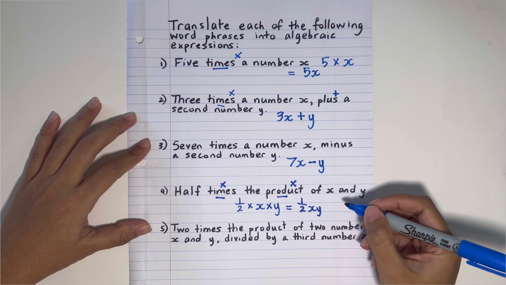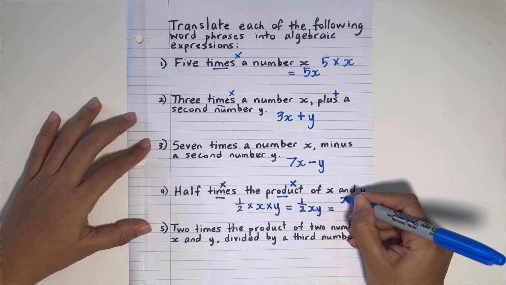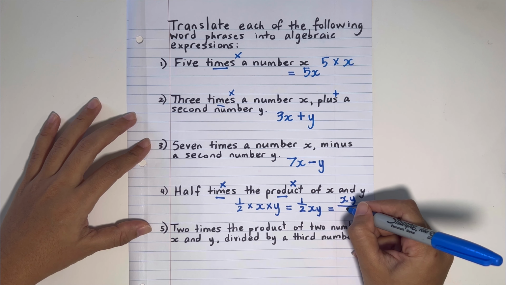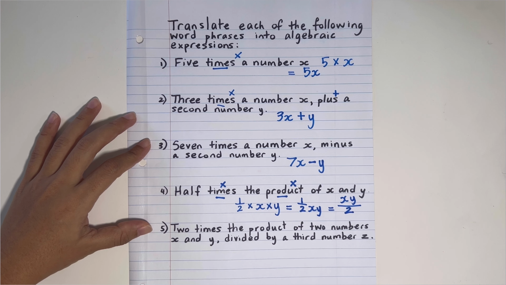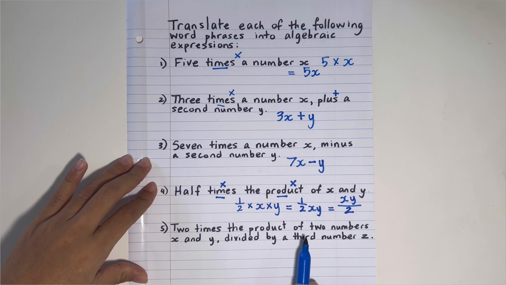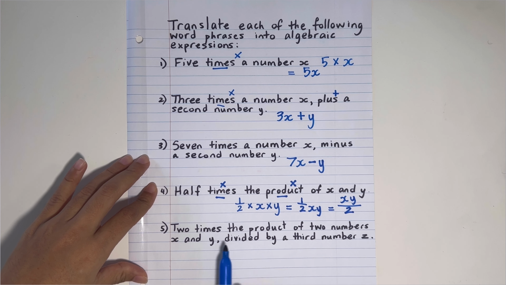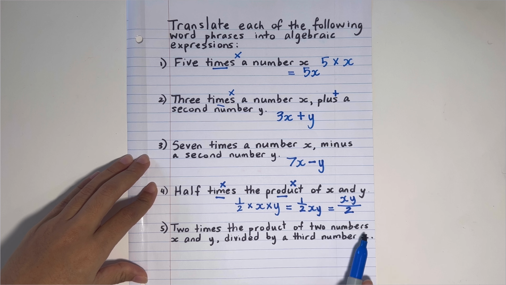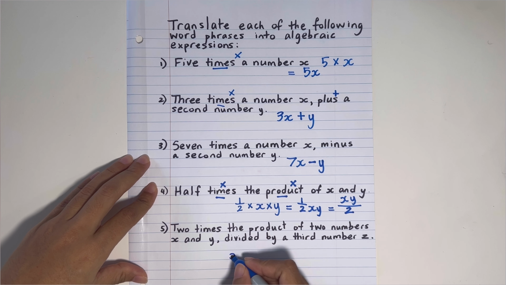And we can also write this as xy over 2. Finally, number 5, 2 times the product of two numbers x and y divided by a third number z. Well, the product of the two numbers x and y is xy.